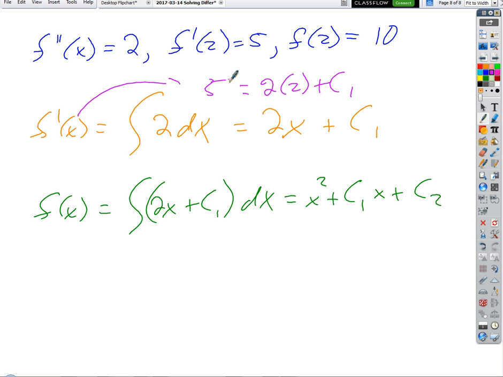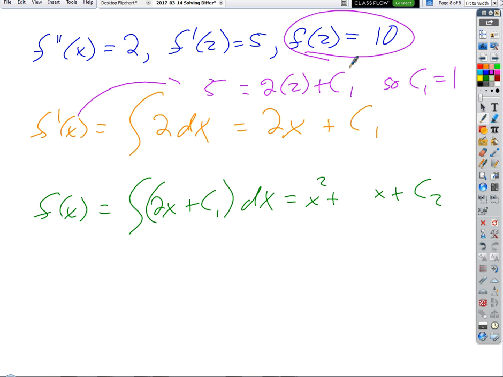So what's c1? c1 equals 1, and so we could change that to a 1, and now we can use our other particular condition and figure out what c2 is.